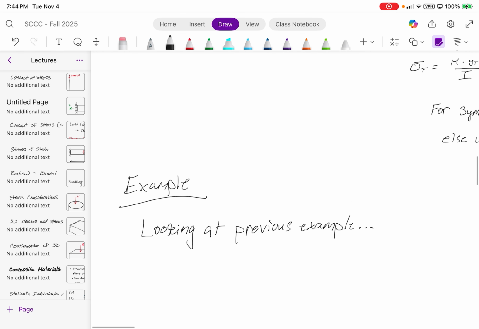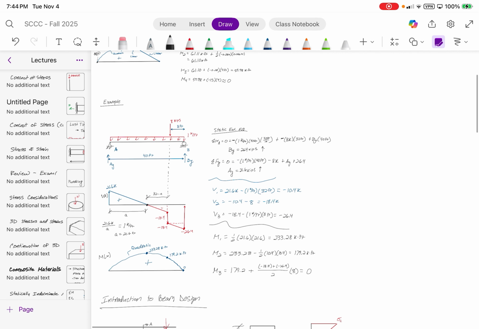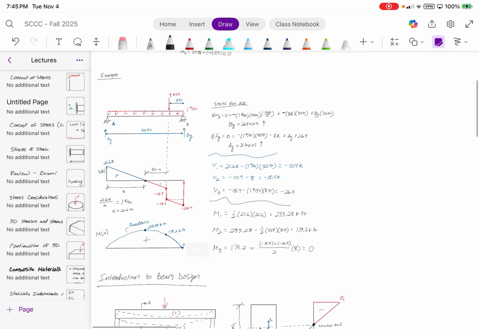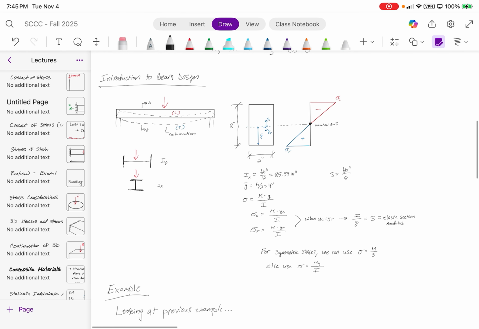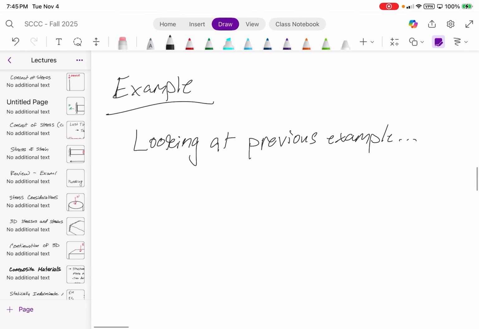The maximum bending moment, what was it? It was 233.28 kip feet, right? That was the maximum bending moment in the beam. So our design bending moment was 233.28 kip feet.